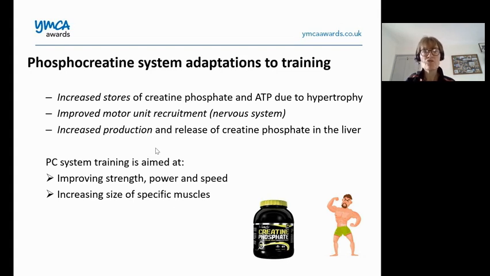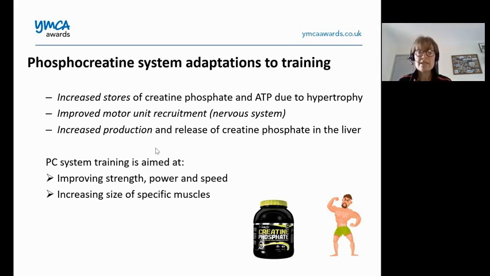So let's think about training the phosphocreatine system and adaptations to training. As you train this system, you can train your body to store higher levels of creatine phosphate and ATP, because if you have hypertrophy of your muscles, you've got more muscle, so more ATP can be stored and more creatine phosphate can be stored.